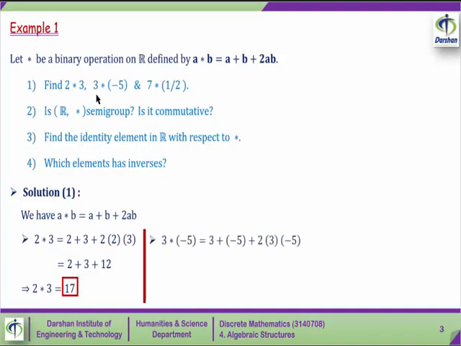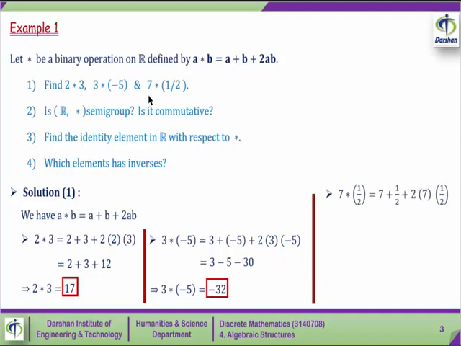Next we have to find 3 star minus 5. By definition, 3 plus minus 5 plus 2 into 3 into minus 5, which is 3 minus 5 minus 30, which is minus 32. So 3 star minus 5 is minus 32. Next we have to find 7 star 1 by 2.